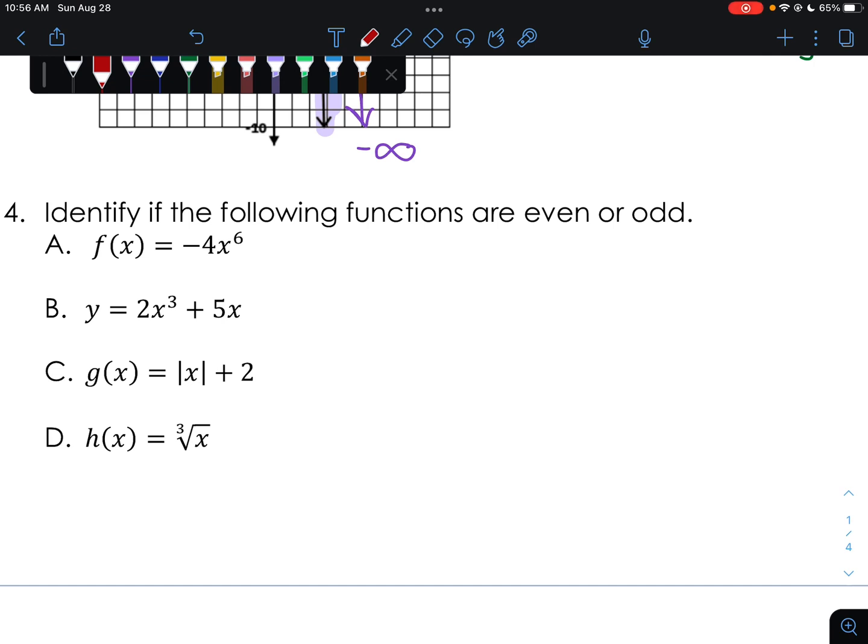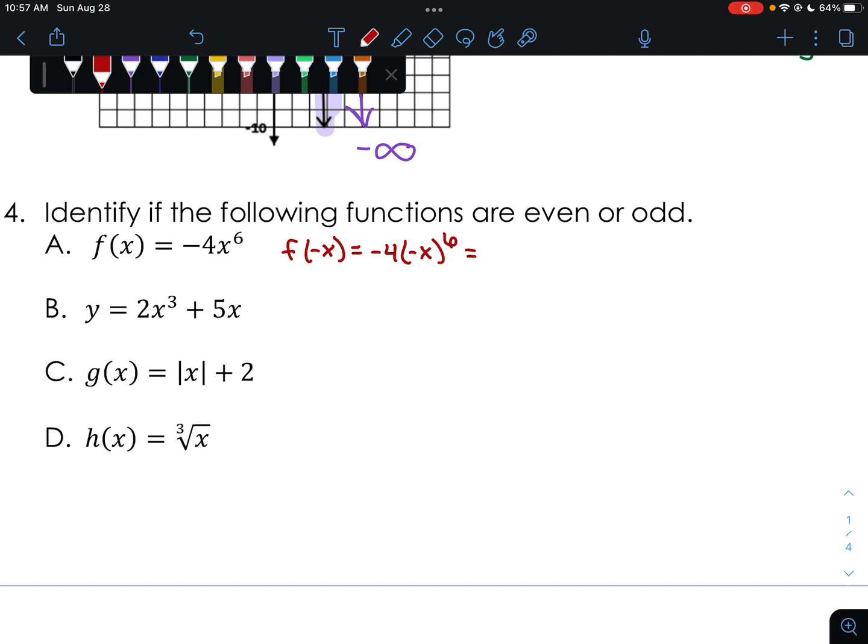So here we go. If I have f of x equals a negative 1/4 x to the 6th, I'm going to evaluate f of negative x, which means anywhere there's an x, I'm going to plug in negative x and then simplify. So a negative number raised to an even exponent of 6, the outcome is going to be positive.